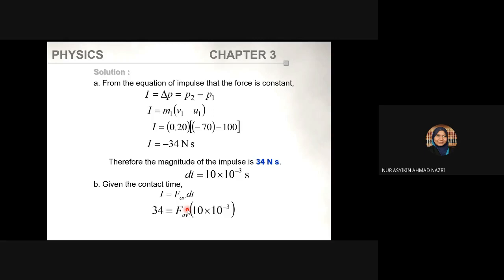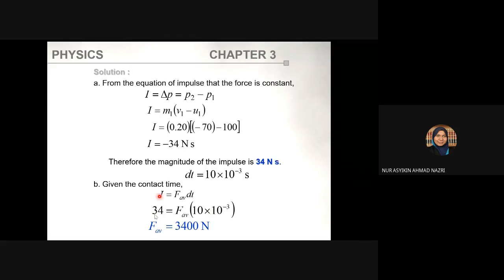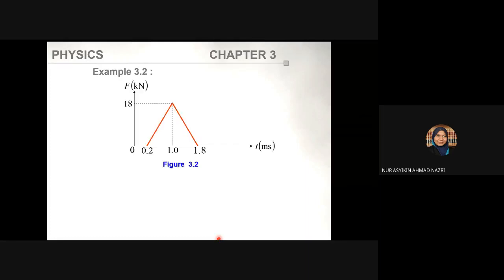Here the value of the force is when you substitute the time and the magnitude. It's up to you whether you want to substitute the minus sign or not. But if the question just asks for the magnitude, you may ignore the negative sign. Then you get your force equal to 3400.